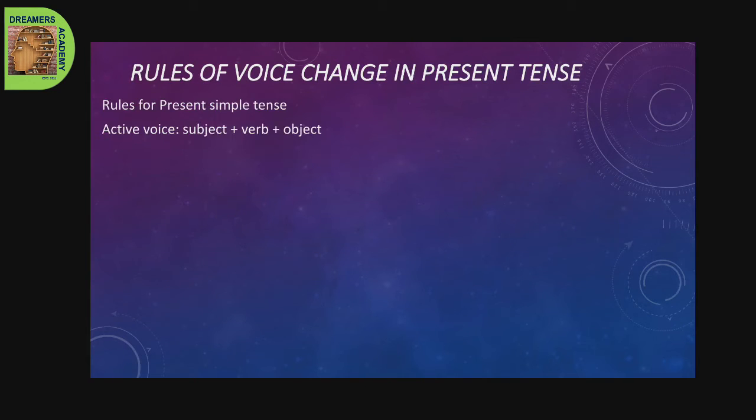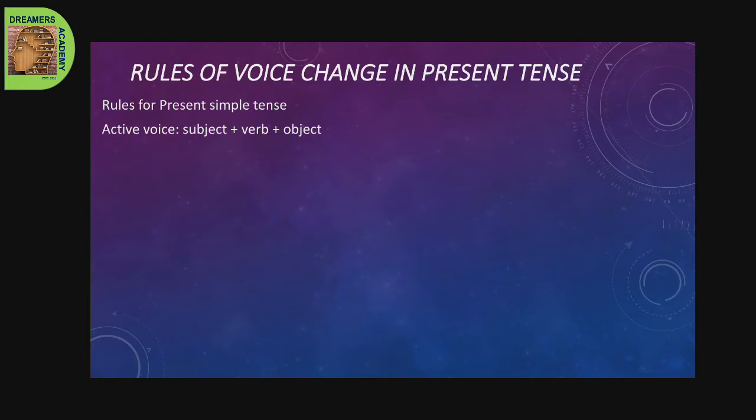We have to follow some rules for voice change in the tenses. According to the tense, there are several sentence structures for each tense. So the sentence structure of the passive voice is changed respecting the tense.